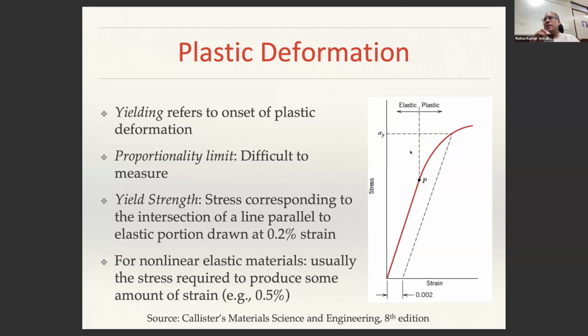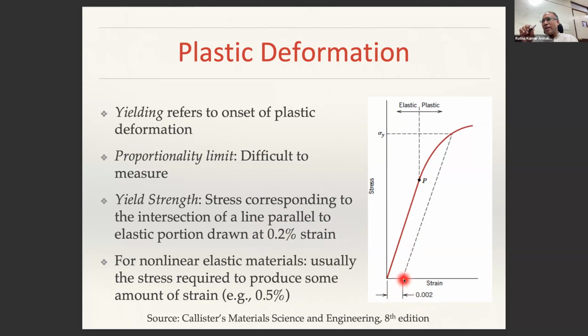What they said is, you draw a 0.2% offset strain line. What is the meaning of that? On the x-axis, you know this straight line, the linear elastic regime, whose slope gives you the elastic modulus. From there, you look at 0.2% strain. 0.2% is 0.002, so that is this point.